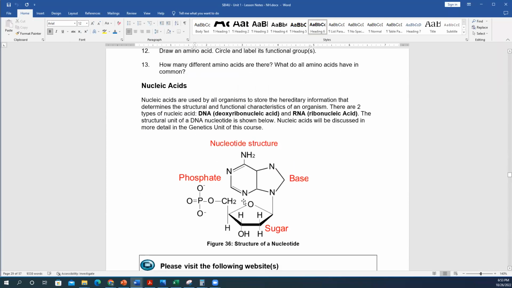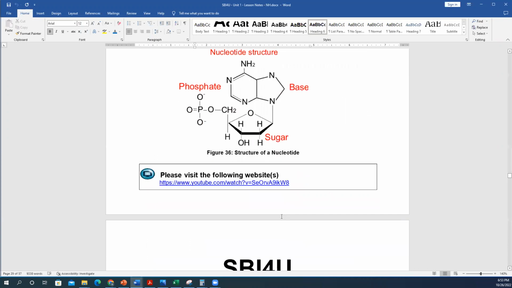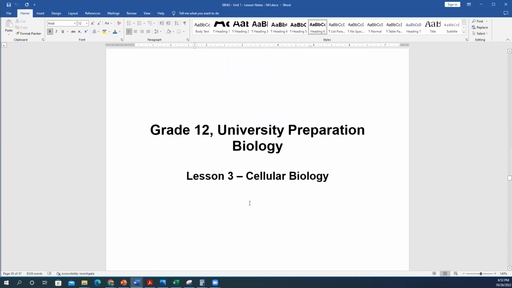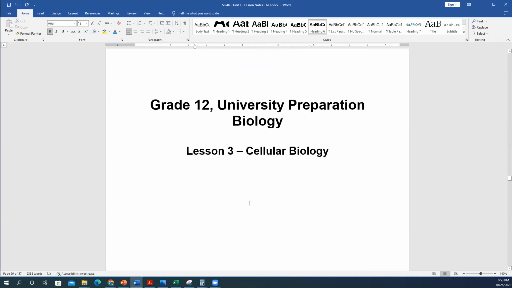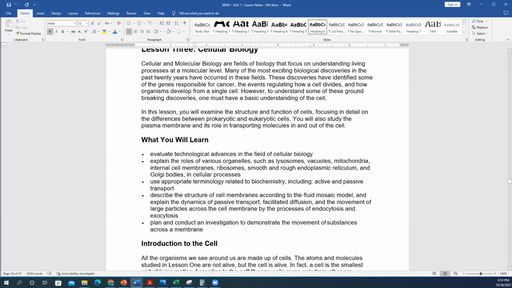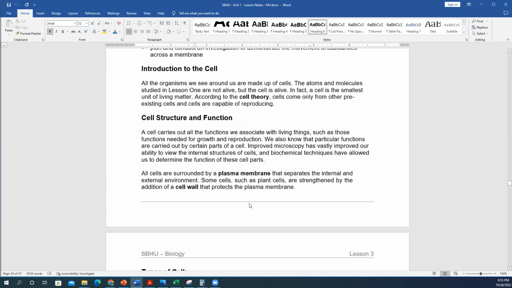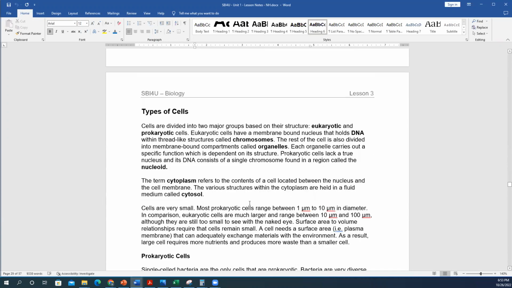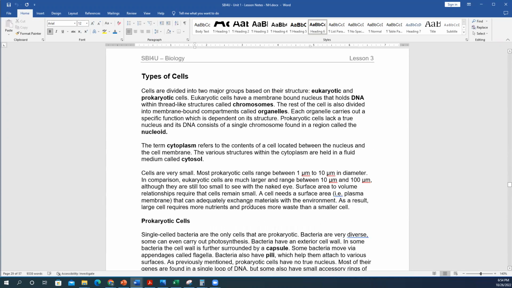We continued this further when we talked about our genetics unit. We paused here and we went into a little bit of cellular biology just to familiarize ourselves with all the different parts of a cell. We learned about the different types of cell, the eukaryotes versus the prokaryotes.